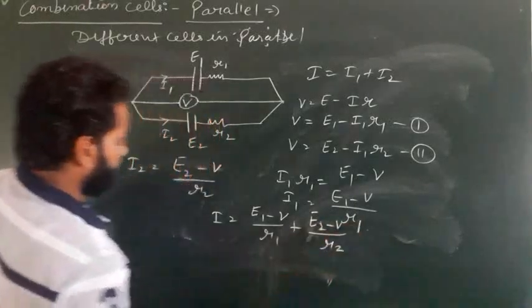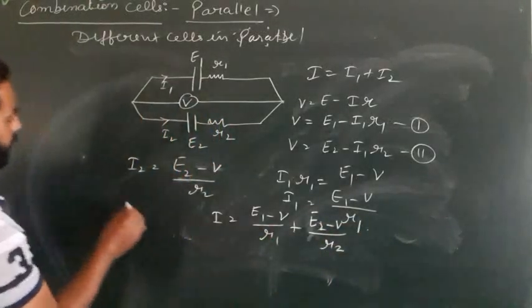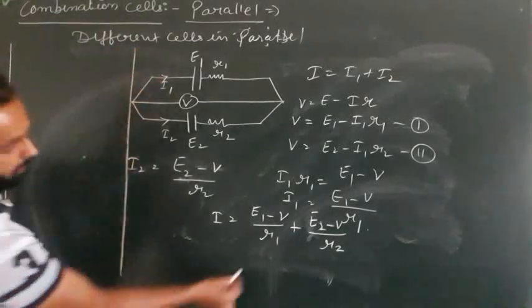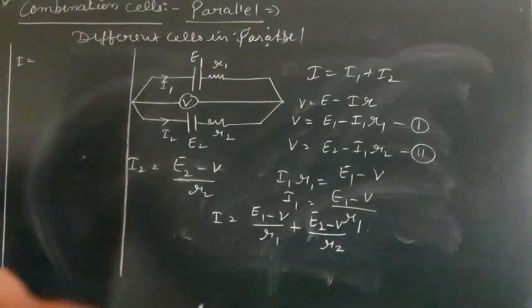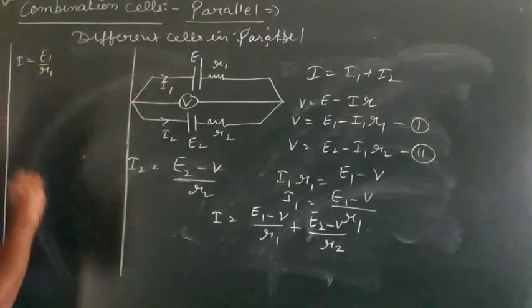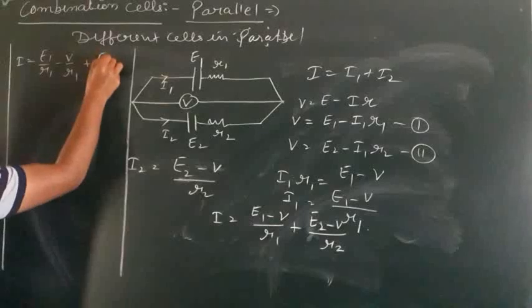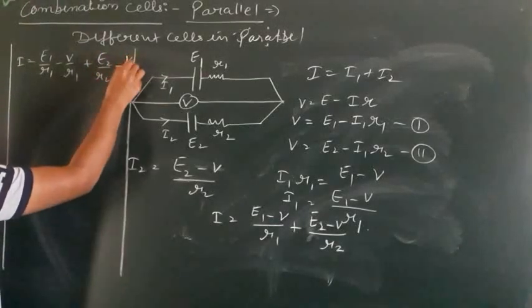Now rearrange it. After rearranging, I am writing what happened after the rearrangement. So I is equal to E1 upon R1 minus V upon R1 plus E2 upon R2 minus V upon R2.